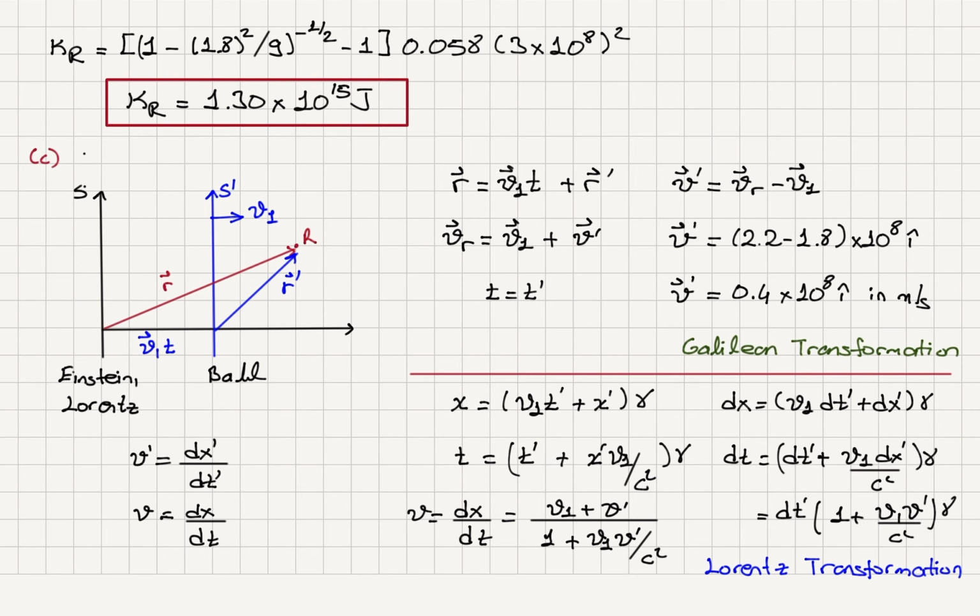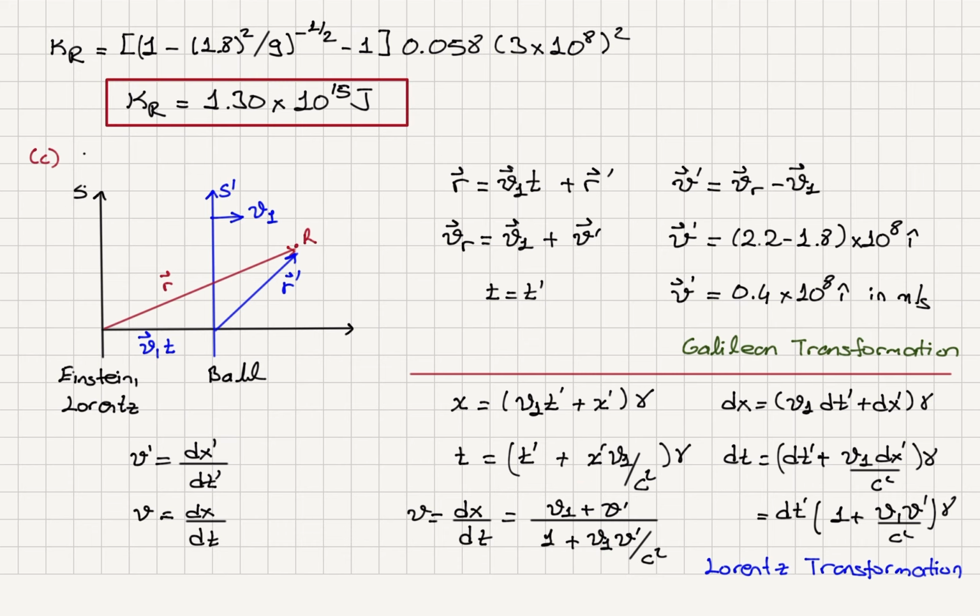Now, if I have the unprimed quantities on the right and the primed quantities on the left, what happens is this sign changes. So I will have a minus sign introduced here and a minus sign introduced here.